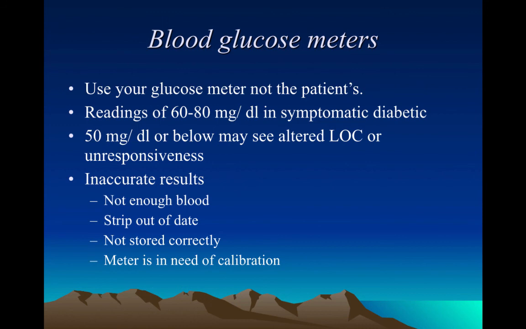Do you really want to take a chance on the paramedics pushing D50 into a person that potentially could be having a hemorrhagic stroke, when really what you're getting is just an erroneous reading due to your methodology in getting blood?